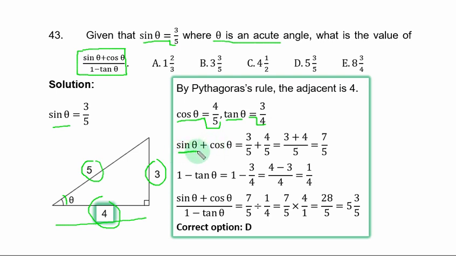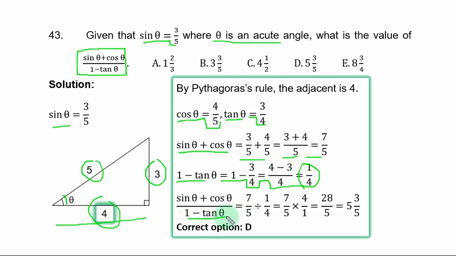Sin theta plus cos theta, you have this result, and 7 over 5. Let's get the denominator. 1 minus tan theta, that is 1 minus 3 over 4, simplifies to this, and you have 1 over 4.